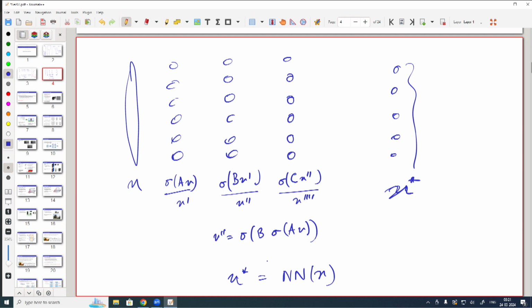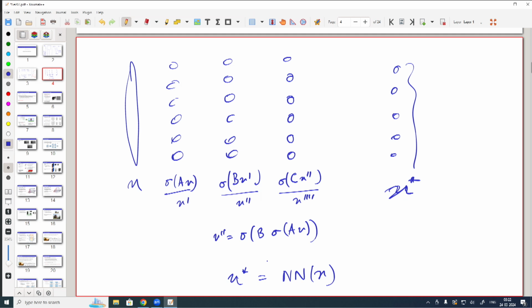Okay, so let me answer the question. If you did not have the sigma in the computation of x double prime here, then what is x double prime? X double prime is simply B applied to A x.